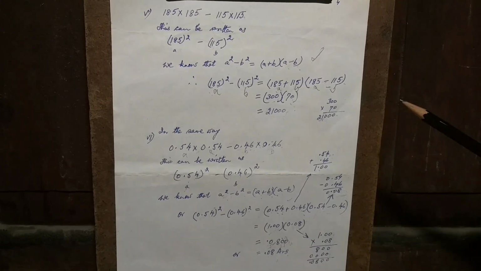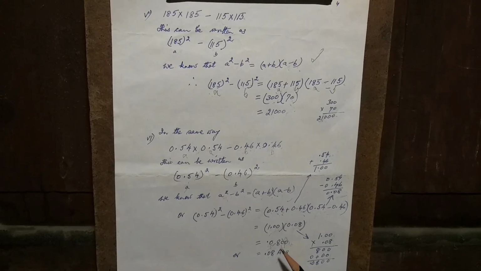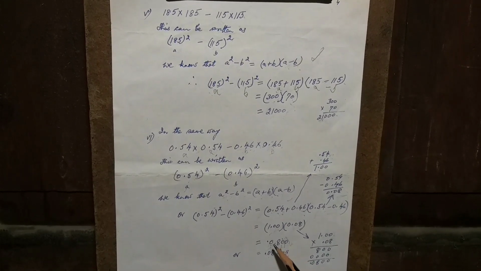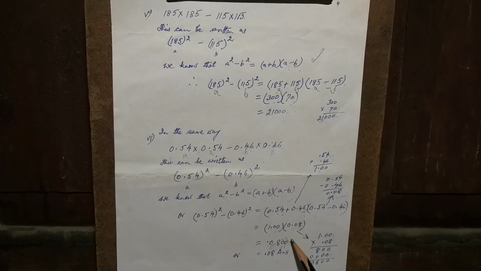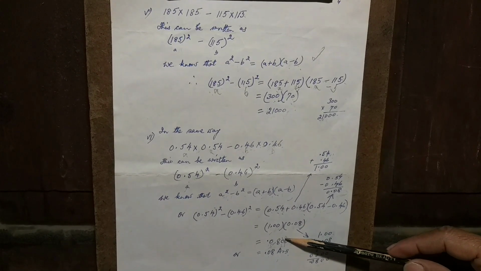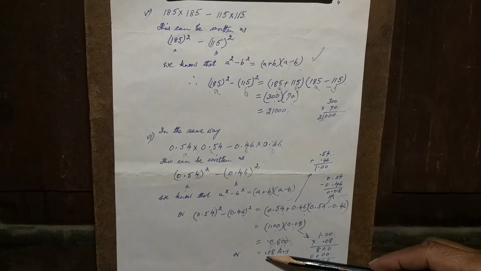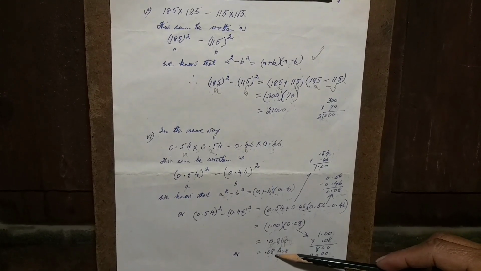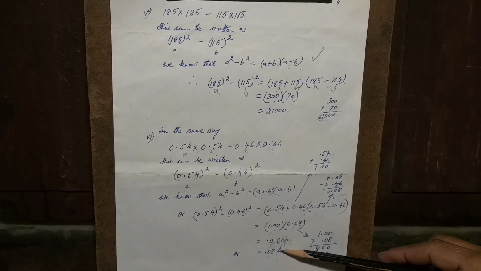0.0800. Now you must remember that any zero coming at the end of a decimal point has no value. So we can remove these two zeros and we get 0.08 as the answer.